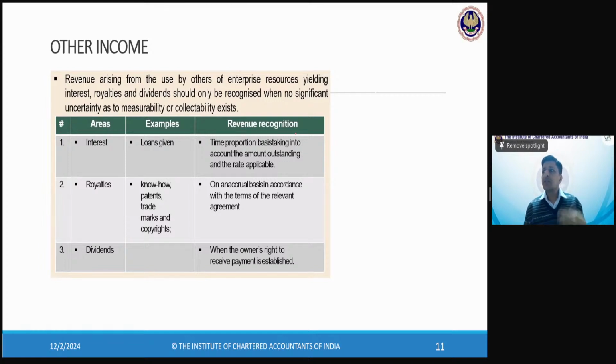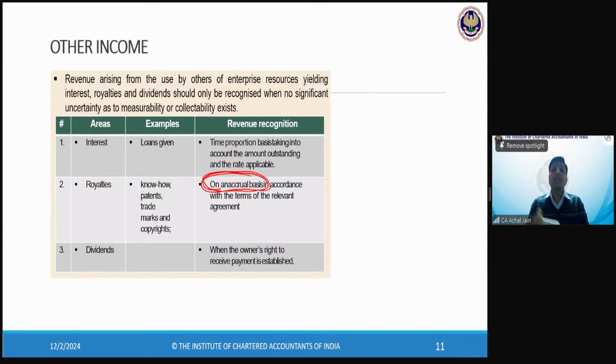Similarly, if you talk about royalty, the standard says you will assess what will be the basis of accrual of royalty income. On accrual basis, you will recognize royalty income. Third, dividend.